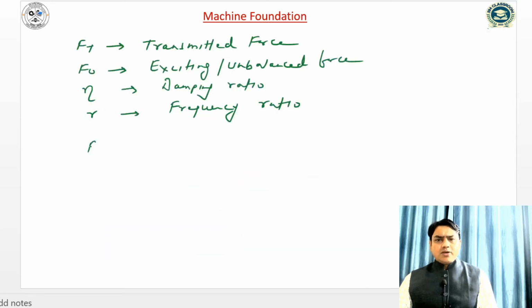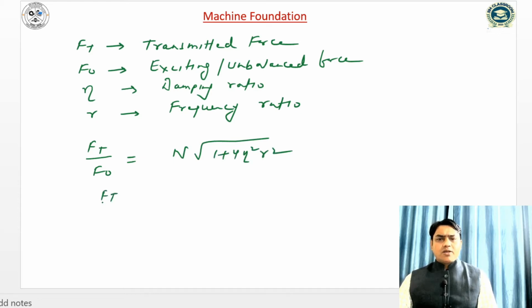So Ft by F naught is equal to N into square root of 1 plus 4 eta square into R square, and this Ft by F naught is called transmissibility force.